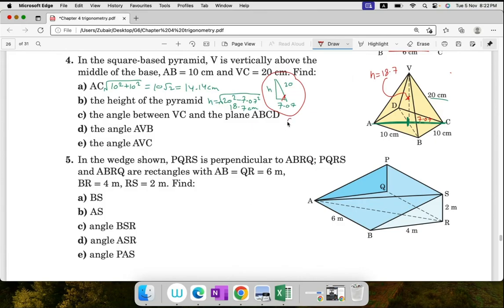So cos of C is equal to 7.07 over 20. Any question regarding this selection of sides? No, sir. This is giving me 69.3 degrees.